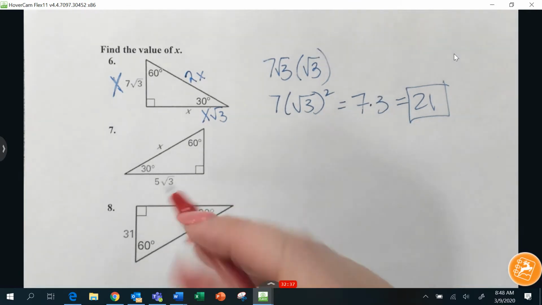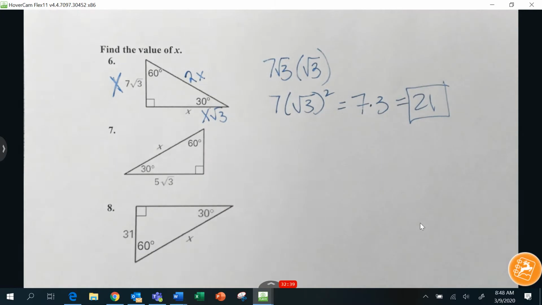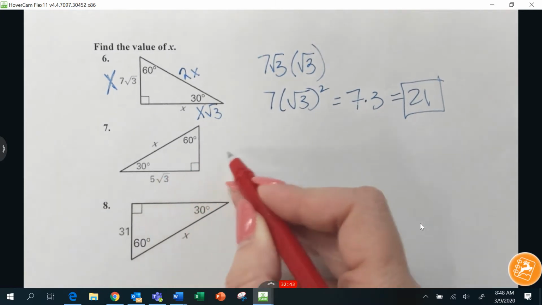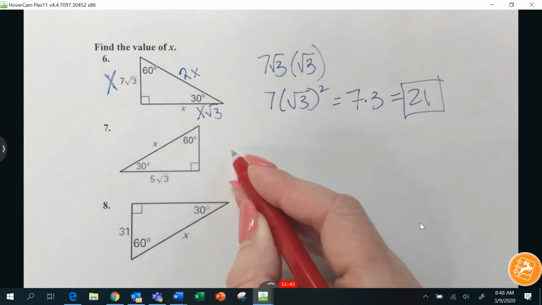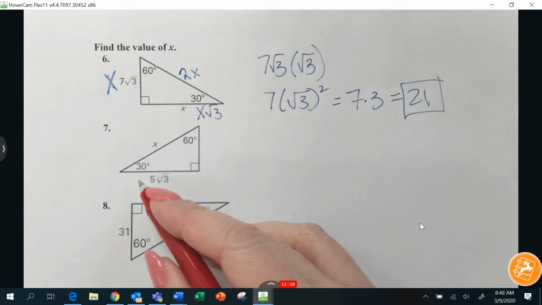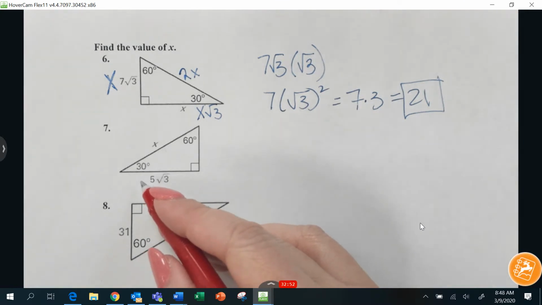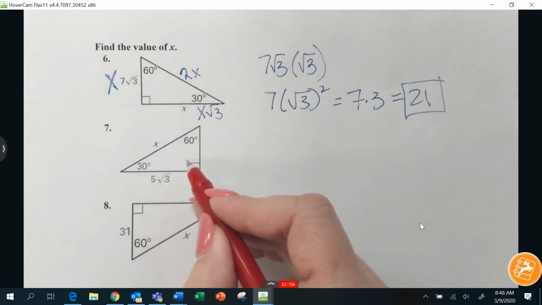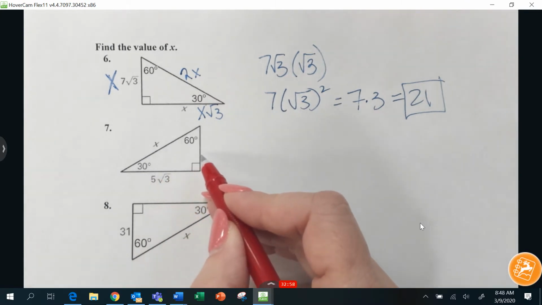Okay, Jesse, number 7. I found my 30 degrees. What formula goes across from 30? 2x. Hypotenuse, right? So what goes across from 30? So it would be the x squared. Okay.